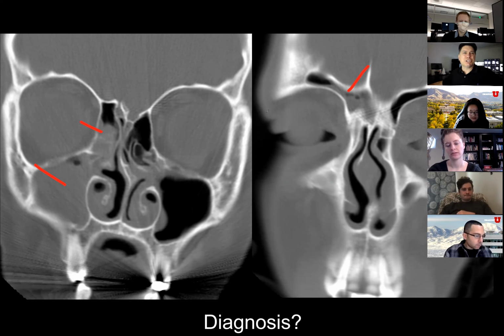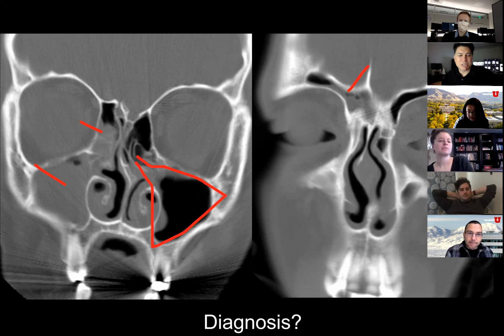So all the structures that make up the osteomeatal unit are important in the functional drainage of the paranasal sinuses. Think about where the drainage of the maxillary sinus is. The superior and medial part of the maxillary sinus, the infundibulum where it drains, the uncinate process, the bone that makes the floor of the infundibulum.